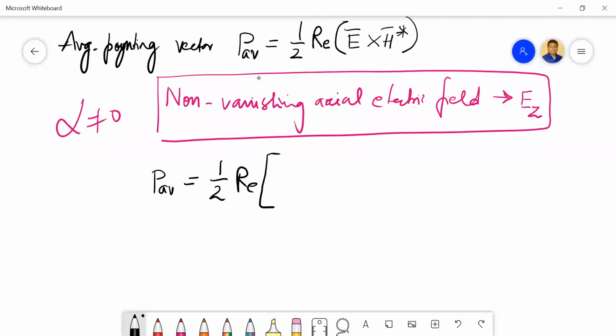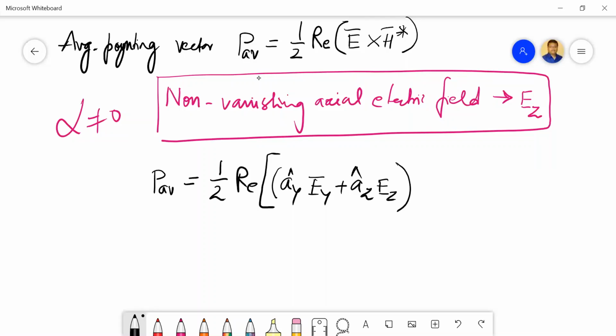So E can be expanded as AY cap EY plus AZ cap EZ. These are the two components.